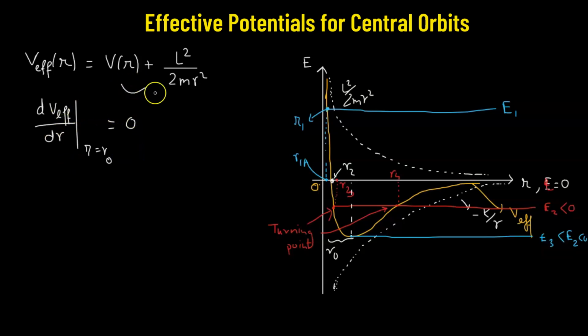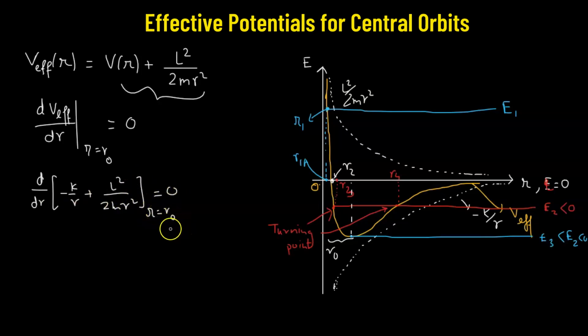Now, if we differentiate with respect to R, since the potential is negative Q over R plus L squared over 2mR squared, we equate the derivative to 0, calculated at R equals R0.